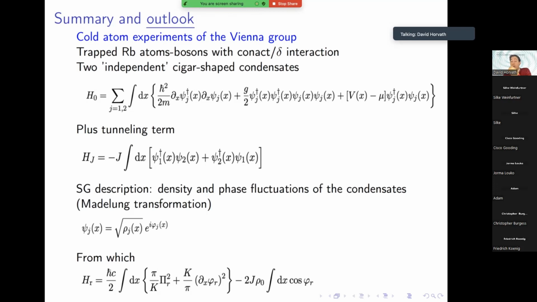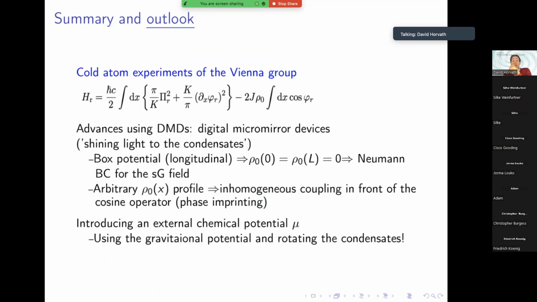And the recent advances are the following. The devices that have been installed in the lab, and I had the privilege to actually see them, are these digital micromirror devices. If I want to simplify the story, what they do is essentially shine light on the condensate, and by using these they can have a very fine structure.